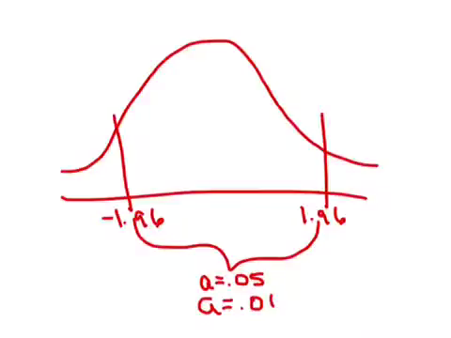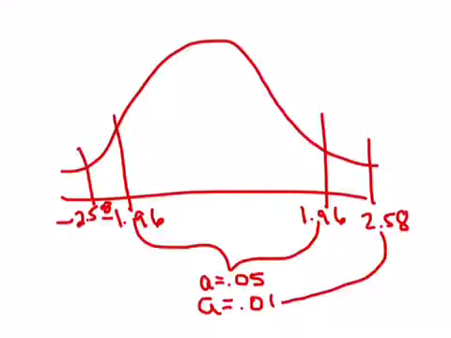If you look at 0.005, I'm looking at about, I'll say, 2.58. Here's where it would be, basically. So we have 2.58 and negative 2.58. And here we are at alpha 0.01.